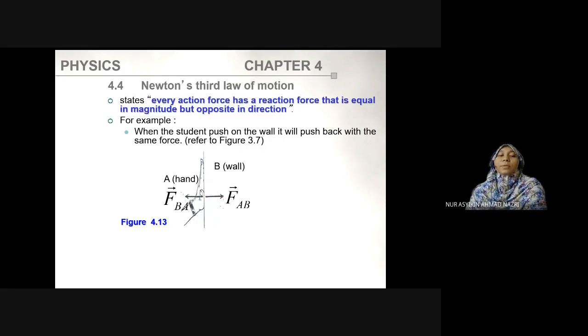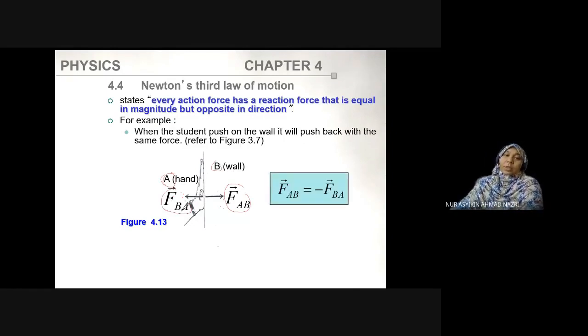Maksudnya possible je untuk kita tanya soalan apa force yang menekan B. Apa force dari wall kepada hand, apa dia. It's still possible. Okay, it's still possible but your answer akan sama in magnitude but different in direction saja. So, bila kita nak tulis dia bagi sama juga, tambah je lah negatif kat sini kan.